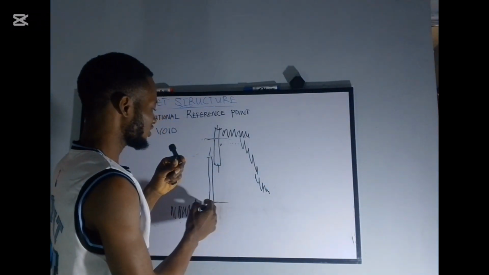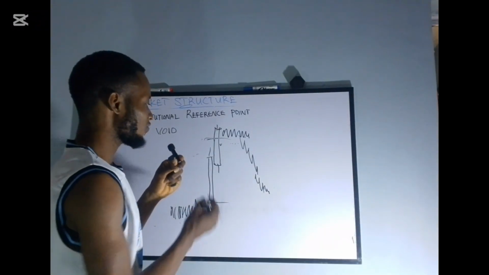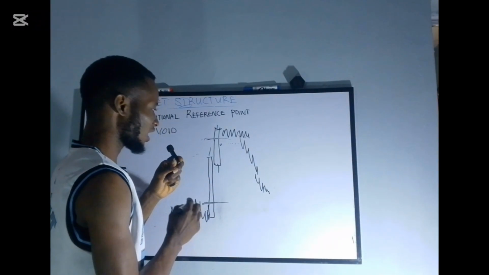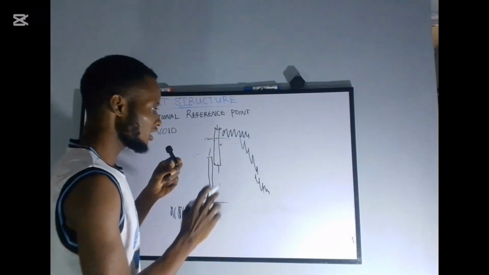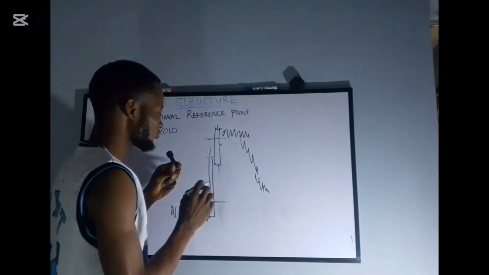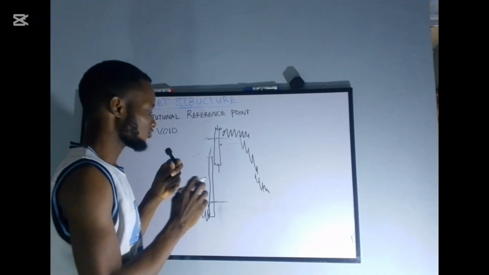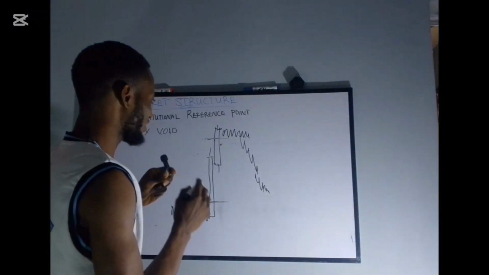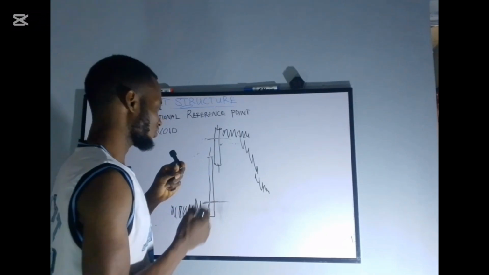So this is a very strong institutional reference point in the market, and whenever I see this, I'm always happy because I know that this would cause either a break of structure or a change of character, and I want to straight away look for my POI. I want to start planning my POIs, and then think of what I want to see to take my trade.